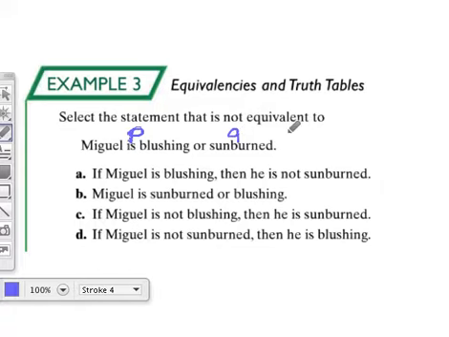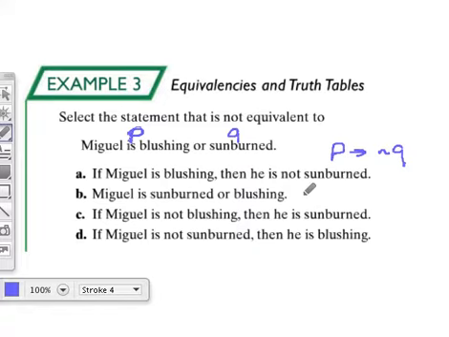Miguel is blushing, or Miguel is sunburned. All right, what is A? If Miguel is blushing, that's P. If P, then not Q. He's not sunburned.